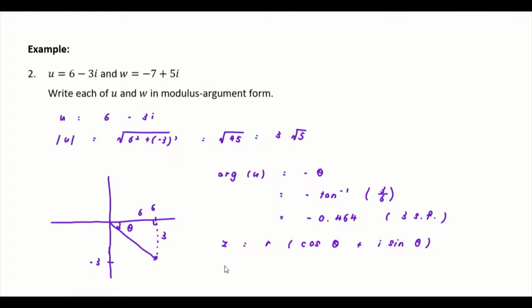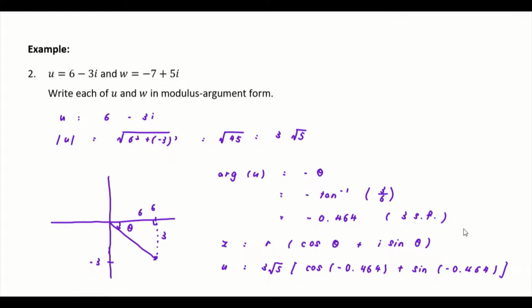So z will be u, the complex number is u, then our r is 3 square root 5. r is basically the modulus, and theta is basically our argument. So that's why cos negative 0.464 plus i sine negative 0.464. That will be our answer for this question.